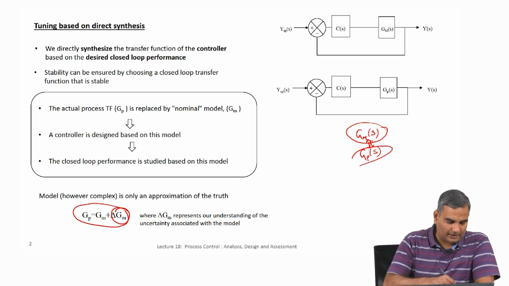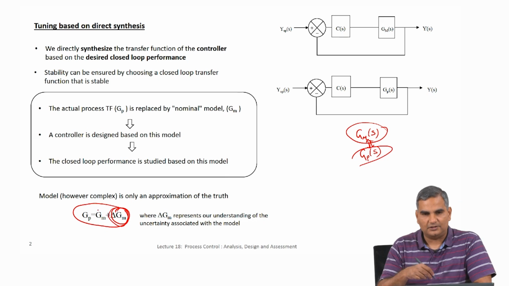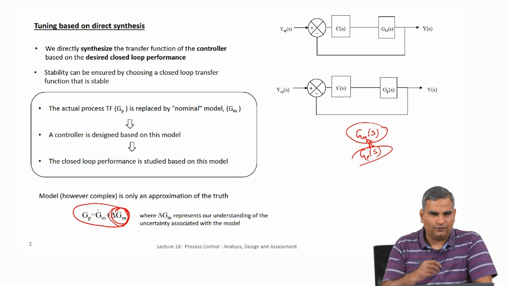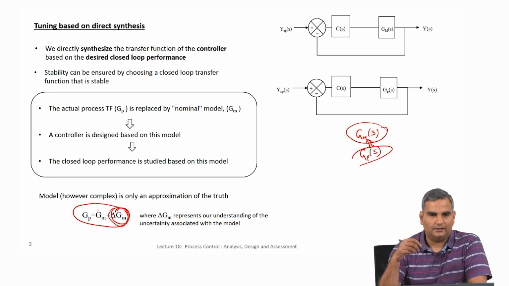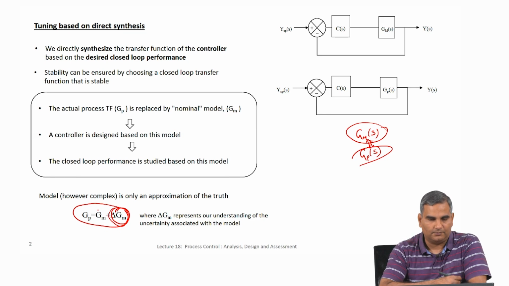This is not captured, this is unknown, and hence there is always going to be a difference between GP and GM, and we have to account for it. There are very mathematical and theoretical ways of accounting for it, which is the field of robust process control, which we are not going to talk about here.